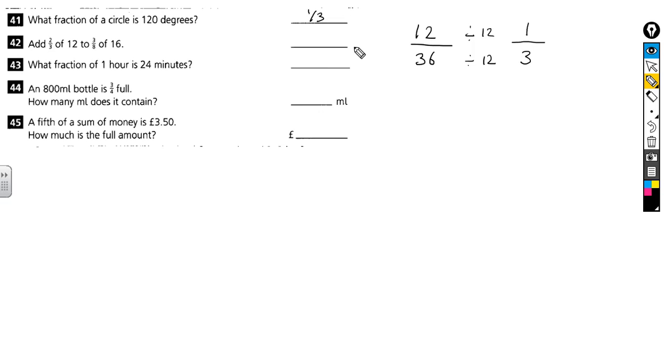Okay, let's have a look at the next question. I'm just going to get rid of this bit. It says add 2/3 of 12 to 3/8 of 16. We can do these in two ways.